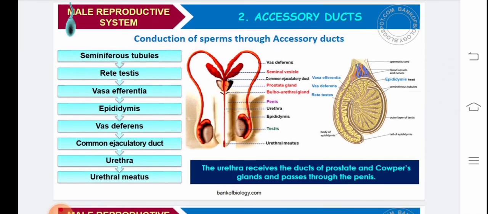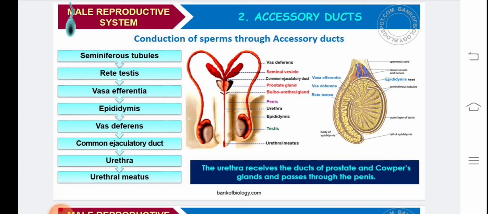Now I repeat with the accessory ducts once again. See, inside the testis there is presence of testicular lobule. Inside the testicular lobules there is presence of seminiferous tubule. Seminiferous tubule produces sperms.